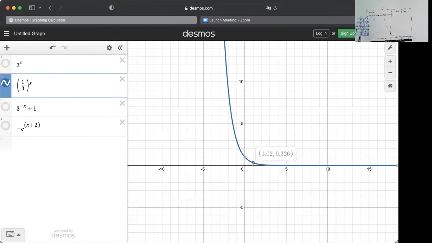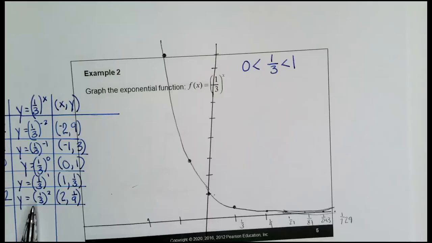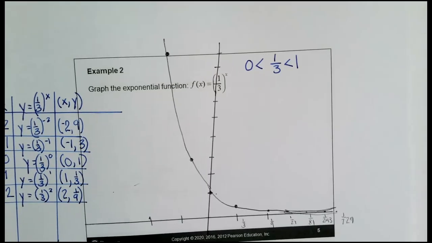One is at 0.3. 2 is at 0.1. So that follows our graph that we have. It's just much more beautiful.